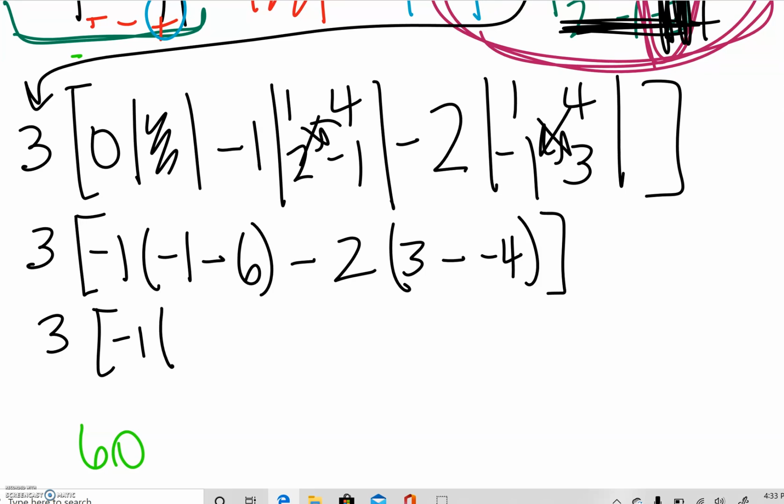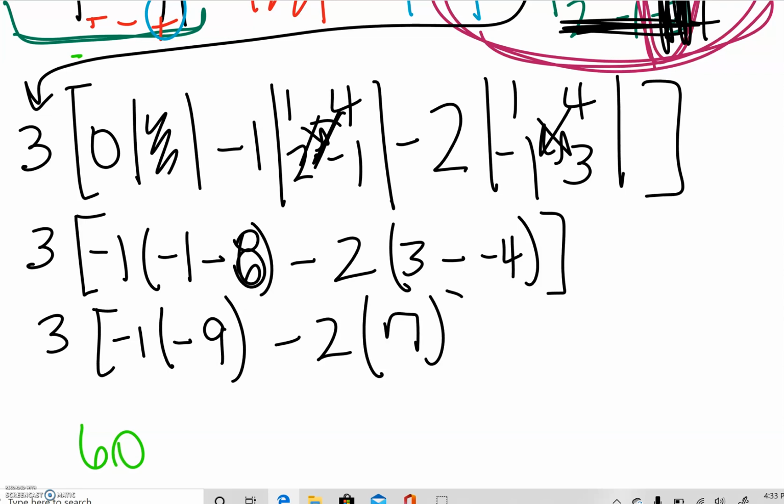Negative 1 times negative. Did I mess something up here? Yes. Because 2 times 4 is not 6. 2 times 4 is 8. So that would be negative, what, 9? Minus 2 times 3 minus negative 4 is 7.